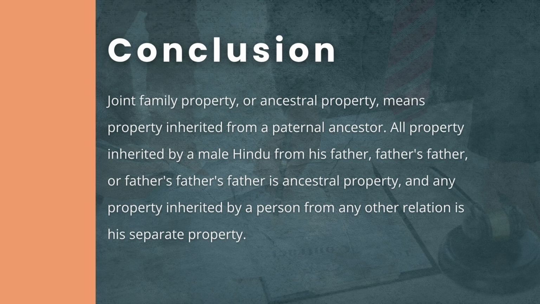Joint family property or ancestral property means property inherited from a paternal ancestor. All property inherited by a male Hindu from his father, father's father, or father's father's father is ancestral property. And any property inherited by a person from any other relation is his separate property.